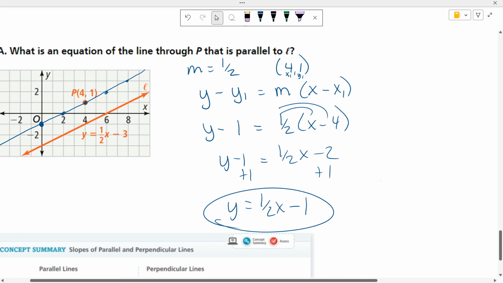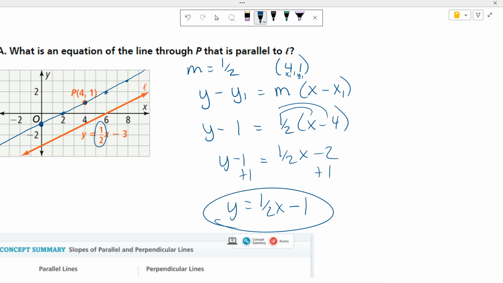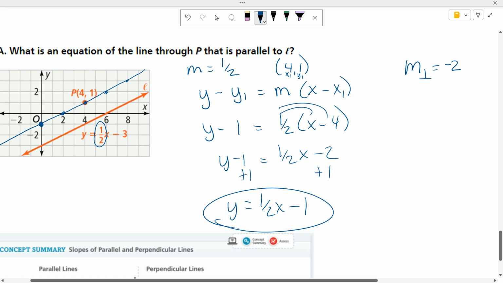Now let's do one for perpendicular. If it's perpendicular to this line that has a slope of 1/2, what's the opposite reciprocal of 1/2? The perpendicular line would have a slope of -2. We still want to go through (4, 1).